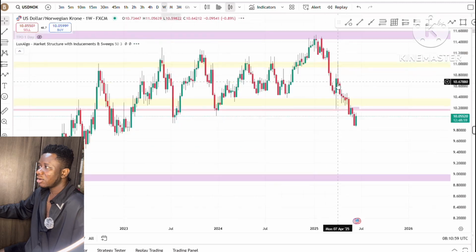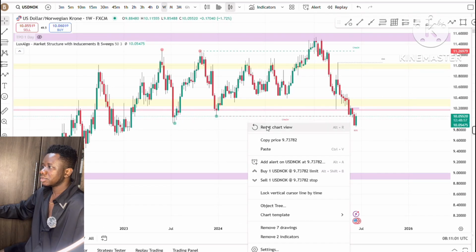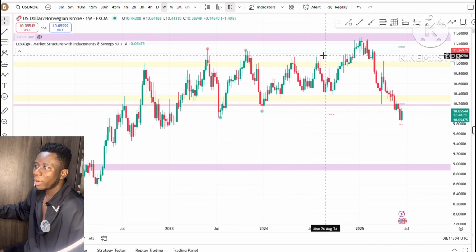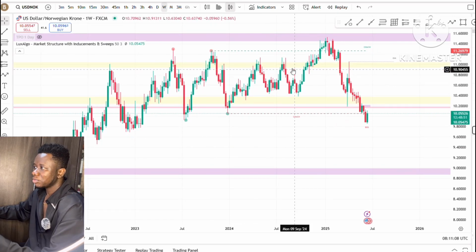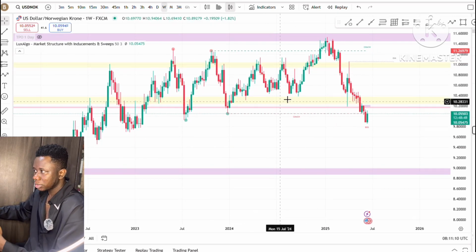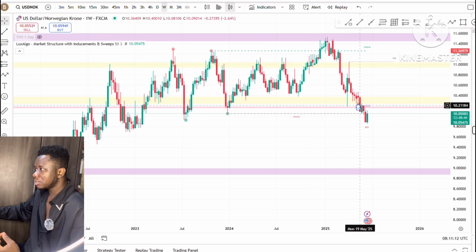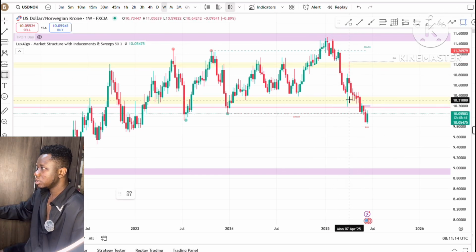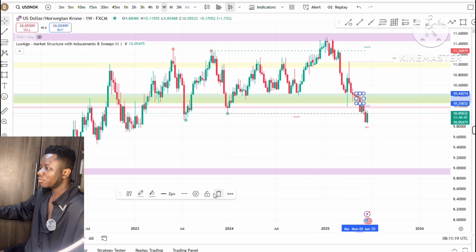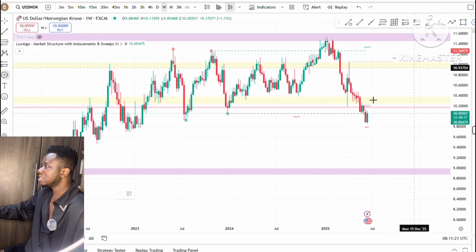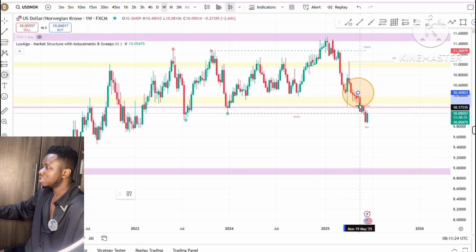So as you can see on the weekly time frame, we have the upper zone and the lower zone. On the lower zone, the resistance and the support. Then price breaks below the weekly support with an evening star candle formation, as you can see right here.